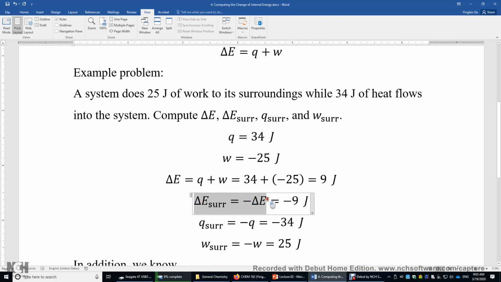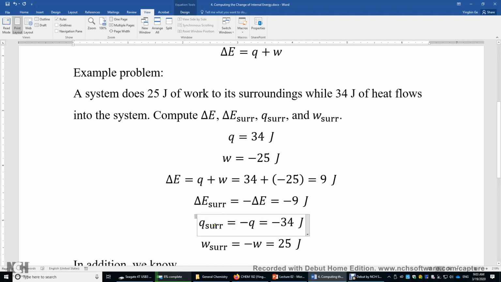This is due to the first law of thermodynamics. Energy is always conserved. The change of the internal energy of the universe is always zero. Therefore, delta E surroundings plus delta E is always zero.